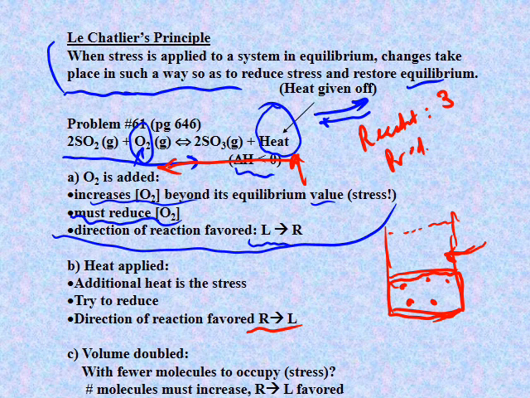Product side, you have 2 SO3. So each time from reactant to product, there's a number decrease from 3 to 2. On the other hand, if it goes from right hand side to the left hand side, there is an overall increase in number from 2 to 3.